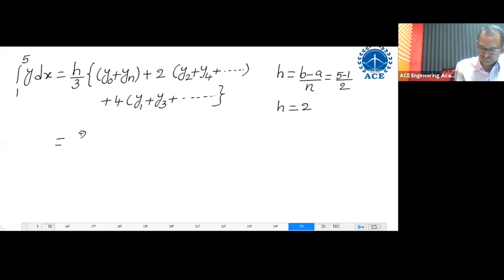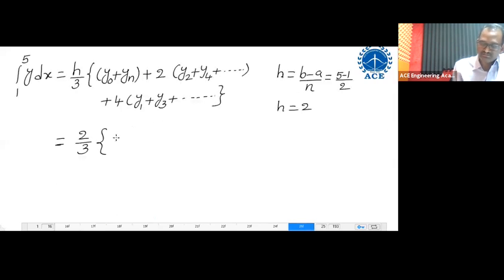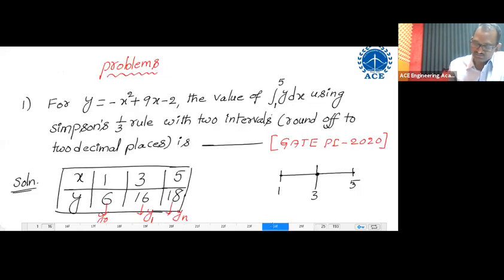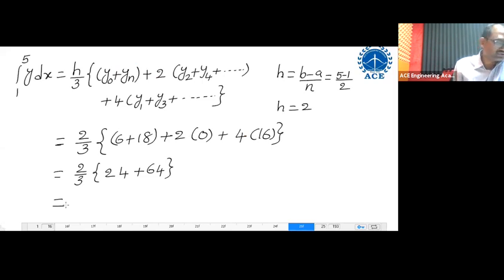So h value is 2: 2 by 3 into y naught plus yn, 6 plus 18, plus we don't have y2, y4, etc. Plus 4 into y1, 16. 6 plus 18 is 24, plus 64. And what is the answer?